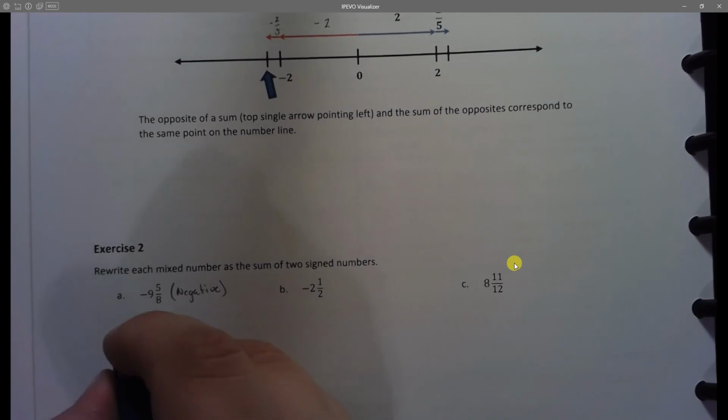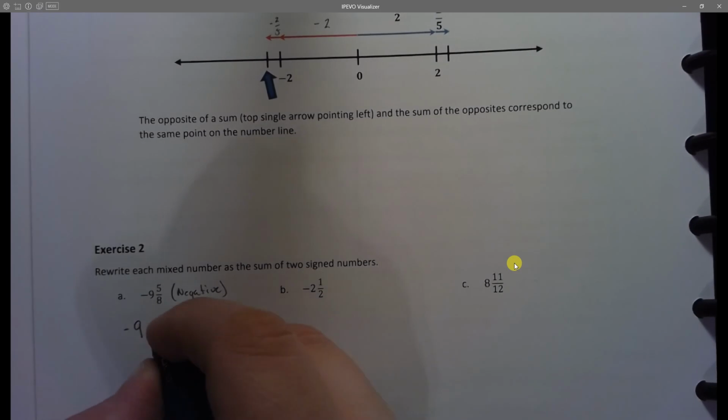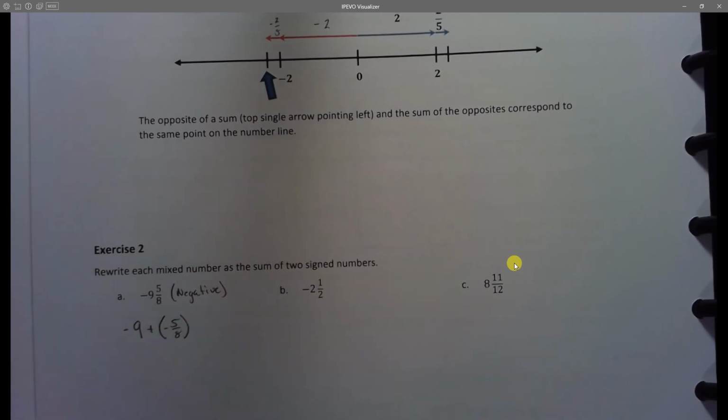So it should be a negative 9 plus a negative 5/8. Now, if I plug that back into a calculator, I bet you $20 I would get a negative 9 and 5/8. Okay? So all you're doing is taking the whole number and the fraction, separating them into an addition problem, and whatever the original sign was, both numbers get that sign.